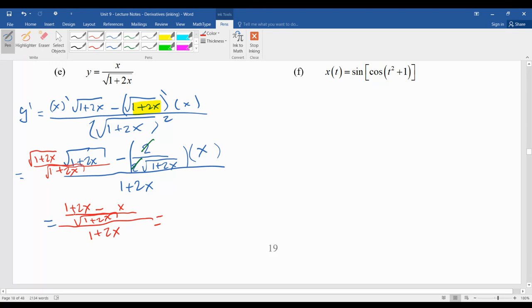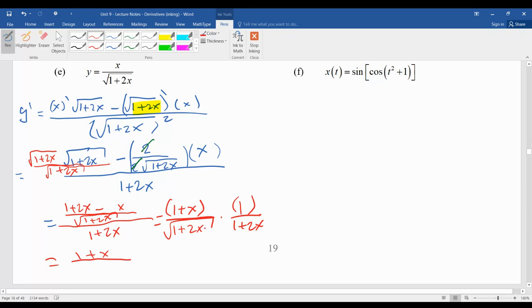So if we take a look here, 1 plus 2x minus x, well, that's 1 plus x, divided by the square root of 1 plus 2x, times the reciprocal of 1 plus 2x, which is 1 over 1 plus 2x. Okay, now 1 plus x times 1, well, that's 1 plus x.